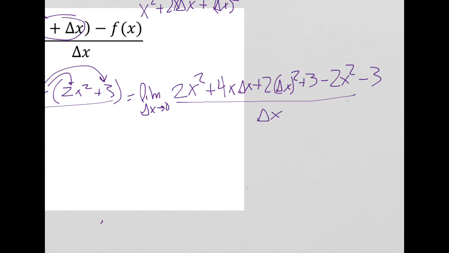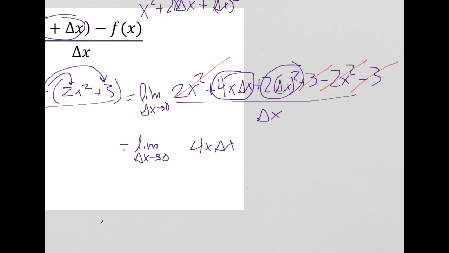So again, notice what cancels. I've got a positive 2x squared, a negative 2x squared, I've got a negative 3 and a positive 3, and that should be everything. So let's rewrite this limit without those things that just canceled. Limit as delta x approaches 0 of, I'm left with 4x delta x, and I'm left with 2 delta x quantity squared, all of that over delta x.